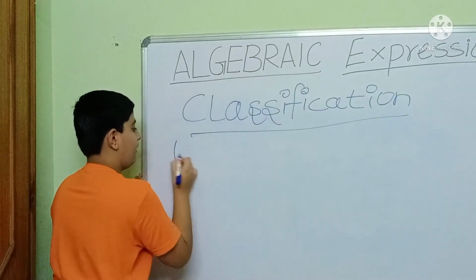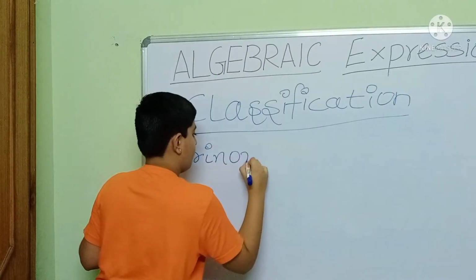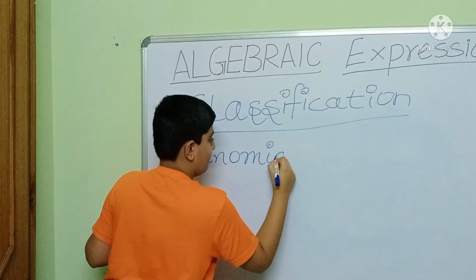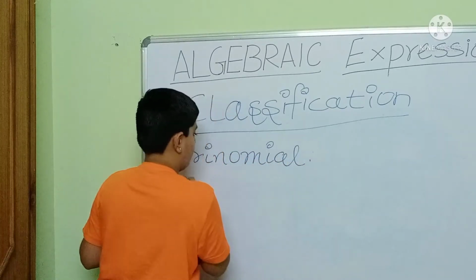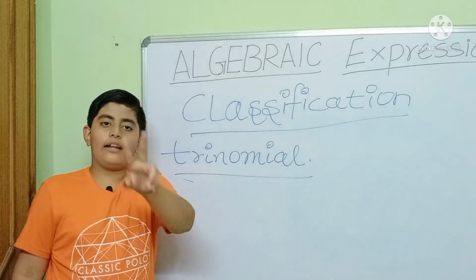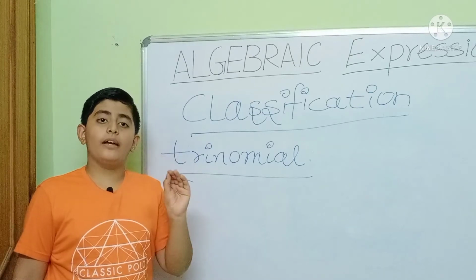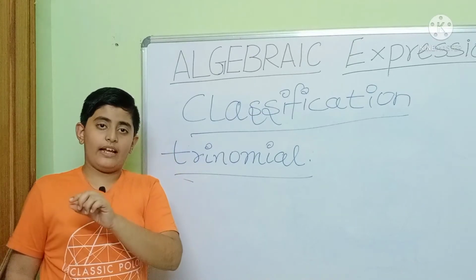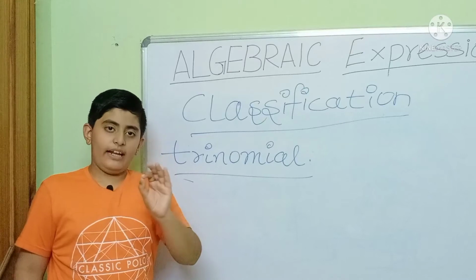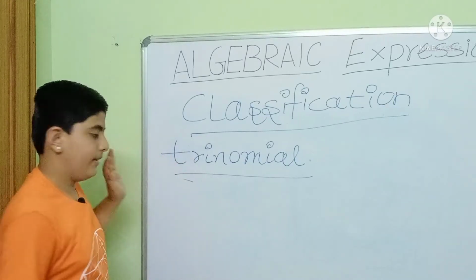Coming to trinomial. As in binomial there are two unlike terms, in trinomial, a polynomial containing three unlike terms is called a trinomial. So let's take an example.